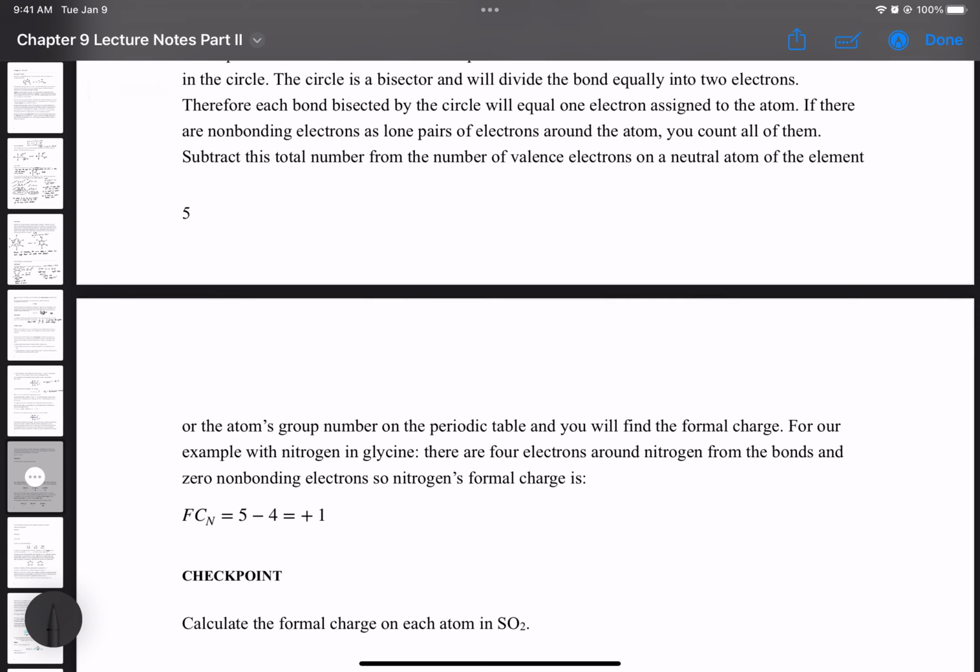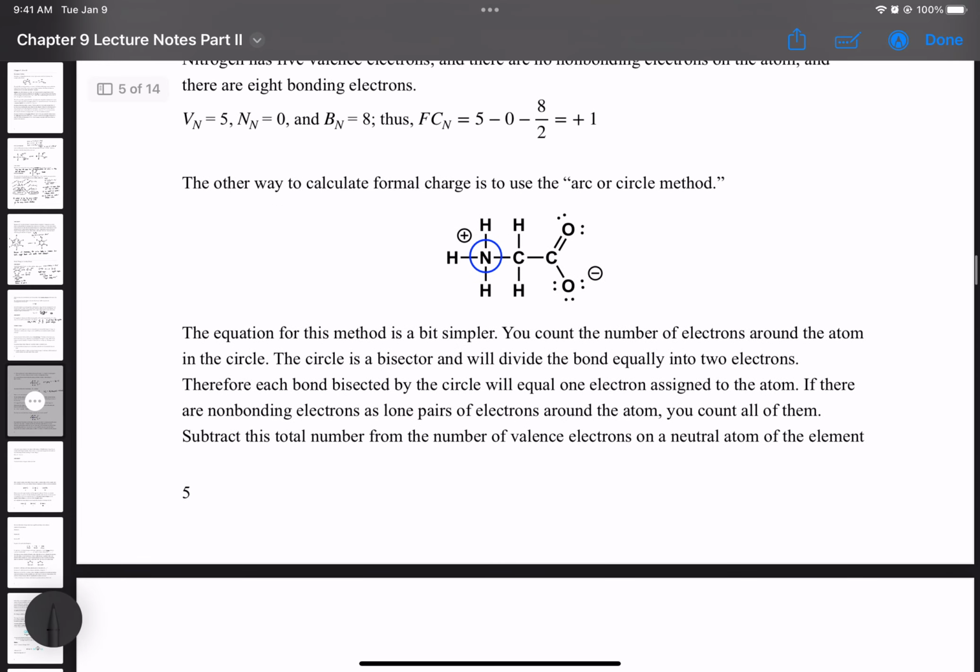So you could do this for any compound. If we do it for oxygen, for example, let's circle oxygen here. All right. So we have 6 electrons from lone pairs because they're part of the circle, right? Plus 1 electron from the bond we bisected. See how we circled the oxygen? We bisect the bond, so that's plus 1 electron.